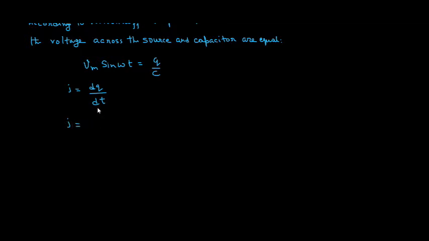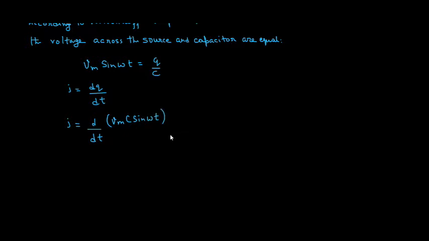So if we differentiate the charge with respect to time, we get the current. Now I = d/dt (Vm C sin ωt).